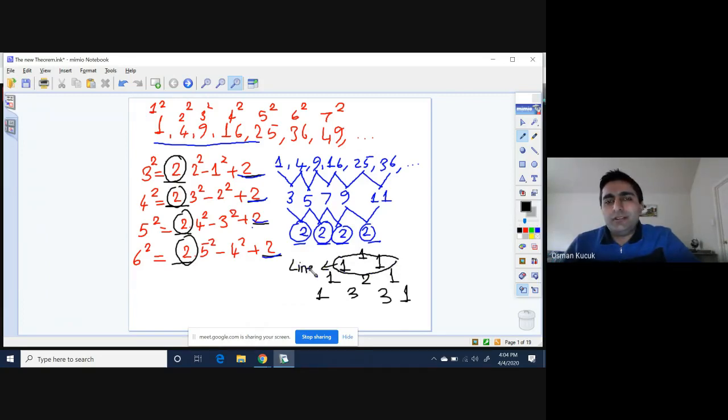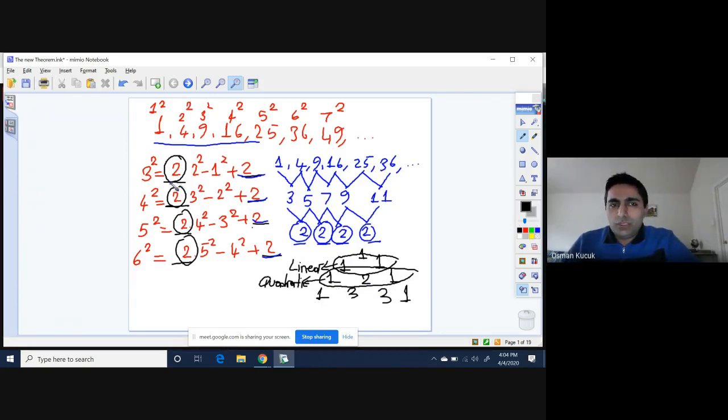If you have a quadratic equation, the coefficients of it must be 1, 2, and 1. Since perfect squares form a quadratic equation, the coefficients must be 1, 2, and 1.